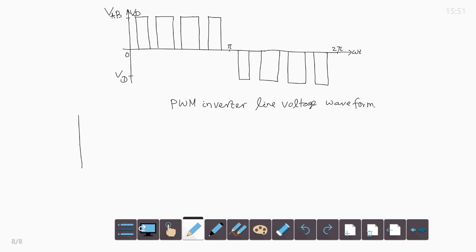This is the PWM inverter, feeding the 3-phase motor.